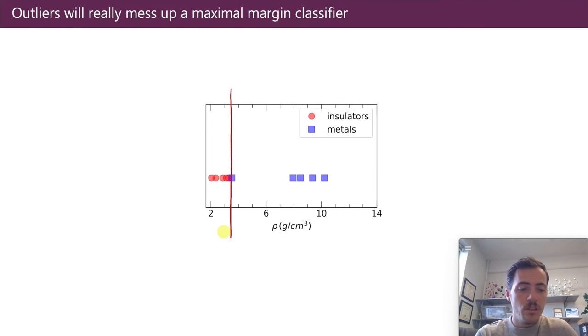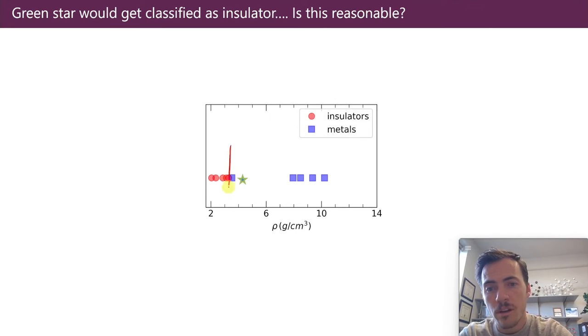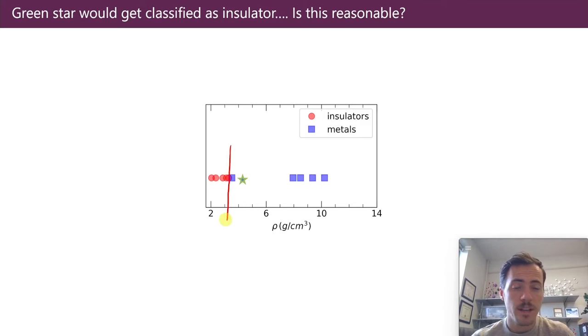What are the odds, if you do this again and you measure a new data point, say where that green star is, do you really think that that green star is more likely to be a metal or an insulator? To me, looking at it, it looks like it's probably an insulator, and that one blue data point is an outlier, right? And that's the problem here, because if we drew it this way with a maximal margin classifier, this guy would be called a metal, but it might actually be an insulator, right?